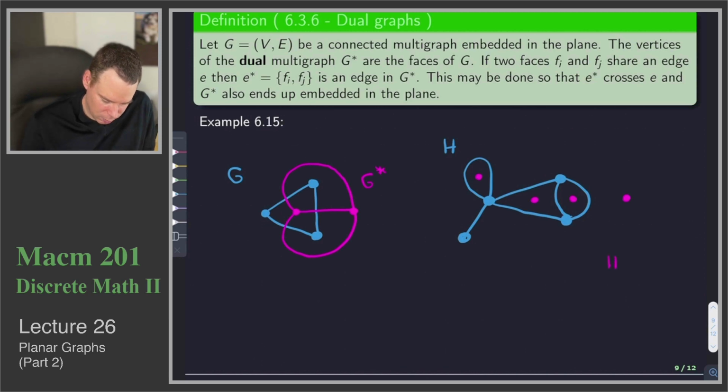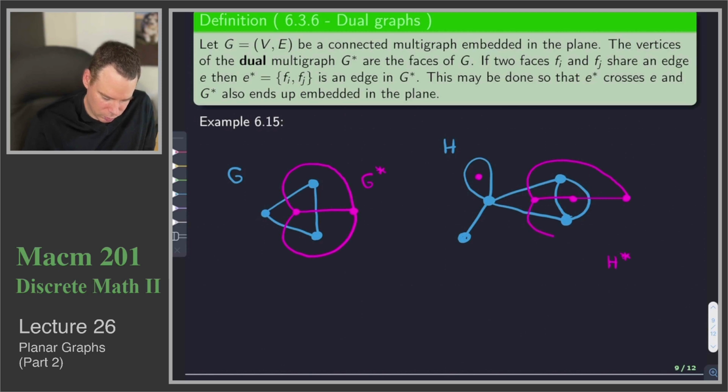So this is going to be my dual graph in pink. What are my edges going to be? Well, I'm just going to connect 2 vertices if they're separated by an edge in the original graph. So those 2 vertices have an edge separating the 2 faces they're on. These ones do. This edge is the one separating these 2 vertices.